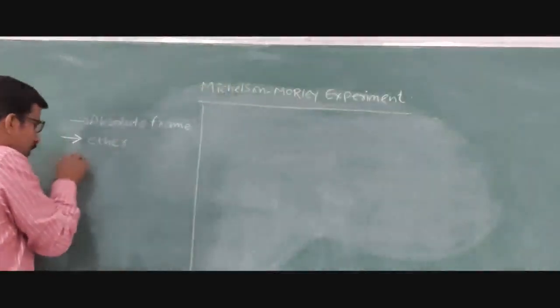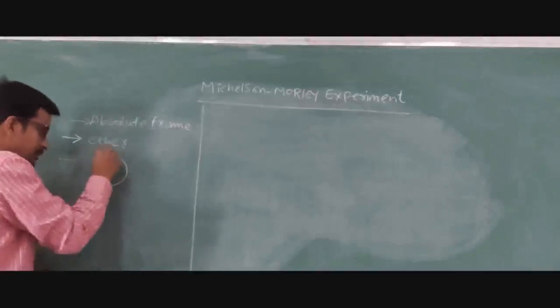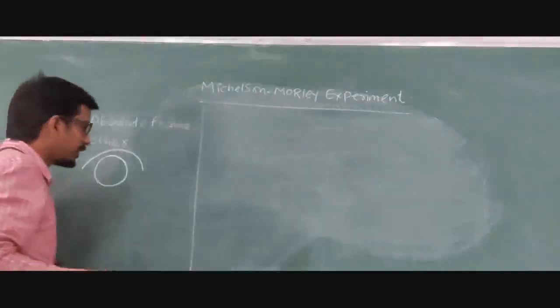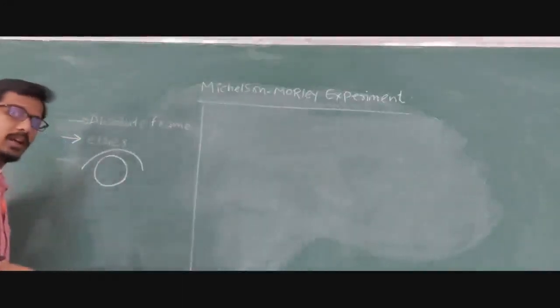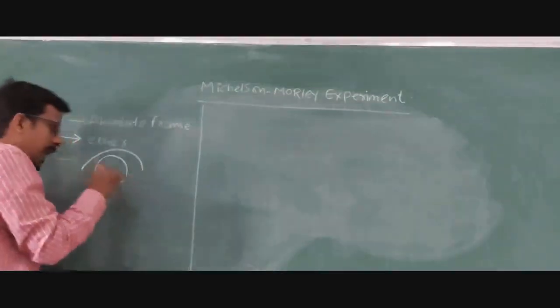So let us see, ether is nothing but a layer present on the entire surface of the Earth. Suppose Earth is like this. We assume the entire surface of the Earth is filled with ether medium. The Earth is moving from a rest position.